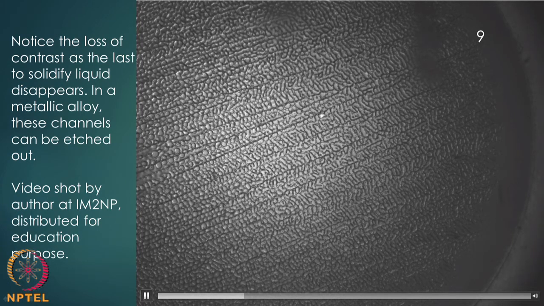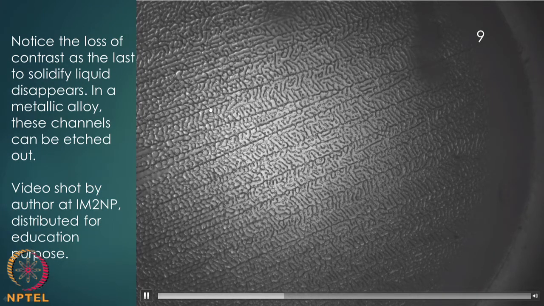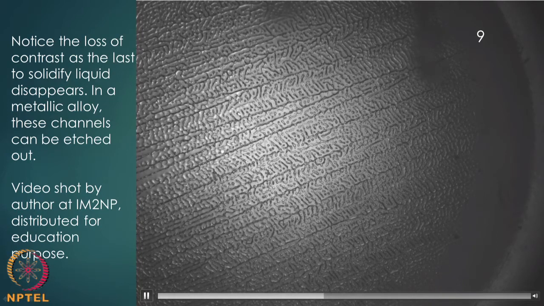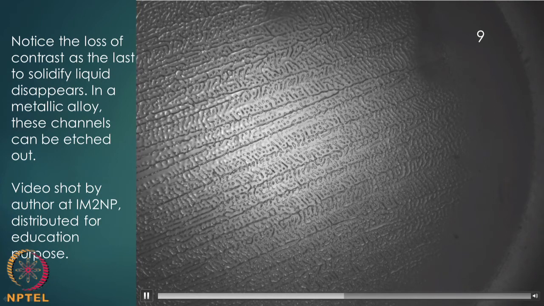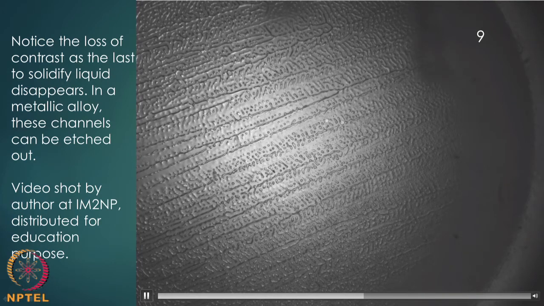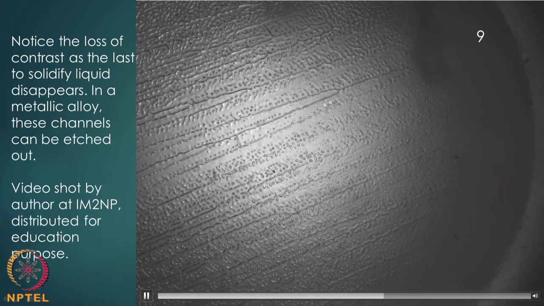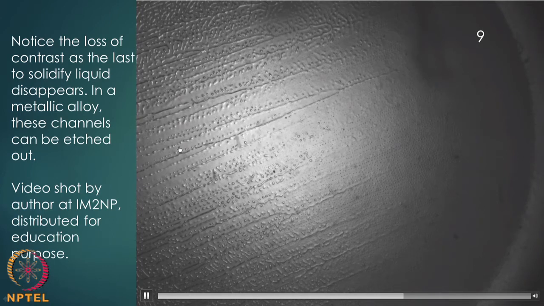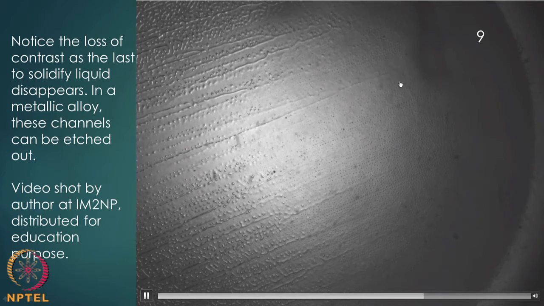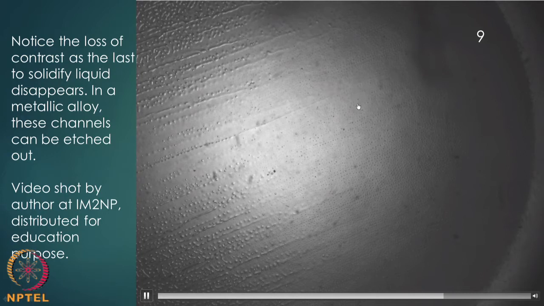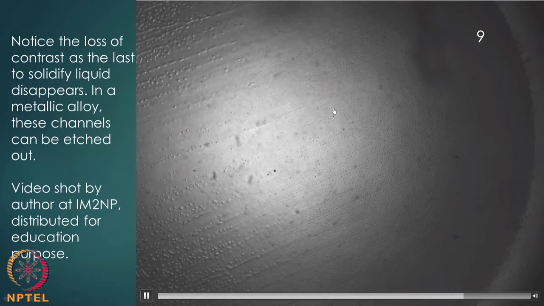Basically these lines we are seeing are channels of liquid that are not yet solidified when the growth is complete, and these are going to take some more time to solidify, and these are fairly long if the dendrite growth is sustained for a lot of distance. You can see that these long distances are covered by the liquid channel, and this is going to play a role in the solidification cracking as we would analyze later on.